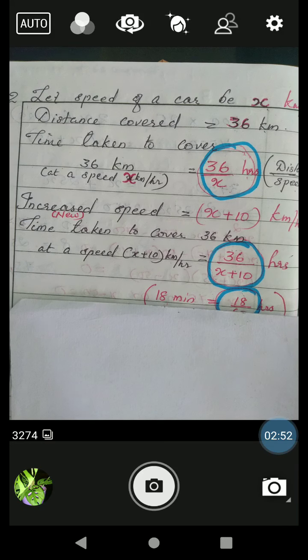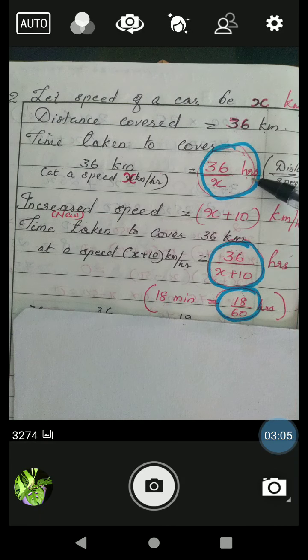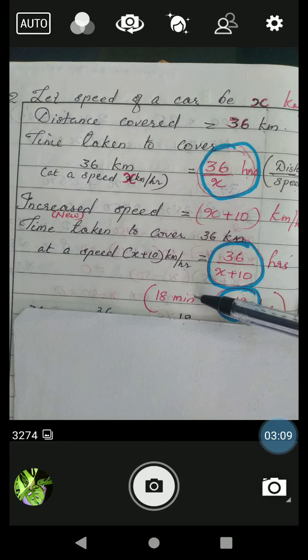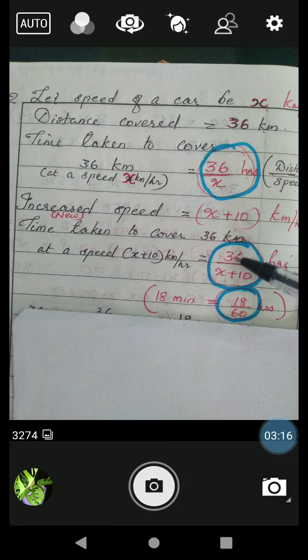Now, at this time, the car will take 18 minutes less. Therefore, we can convert that 18 minutes into hours because this is in hours, this also in hours. So, we can convert 18 minutes into hours. And now, you can connect these three times.